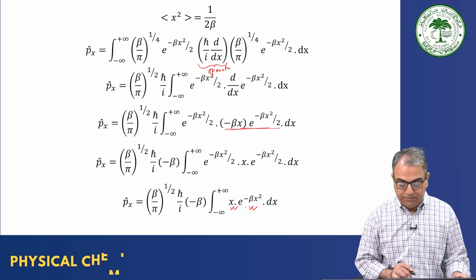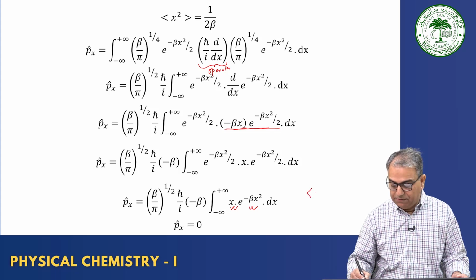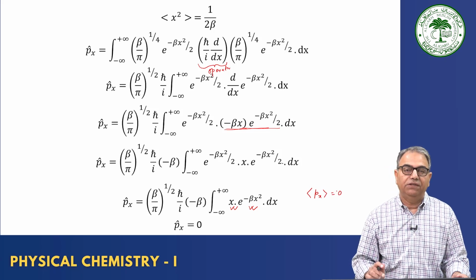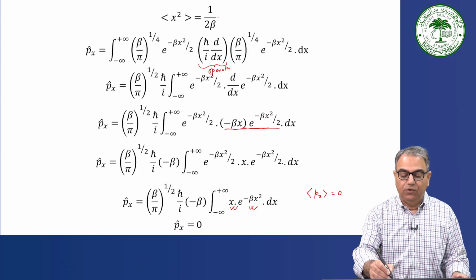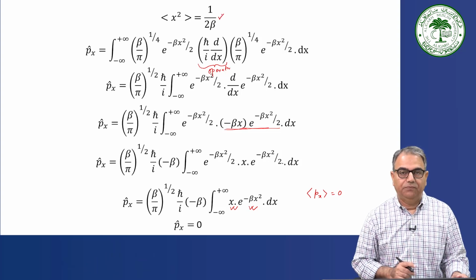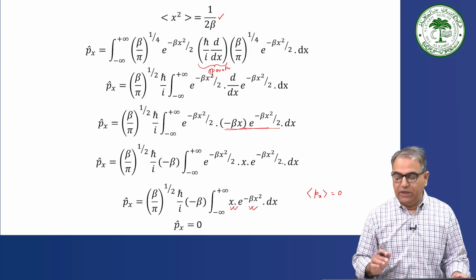And if this integral becomes equal to 0, then the average value of linear momentum px also becomes equal to 0. So I will write that the px average value is also equal to 0. The average value of x is 0, the average value of px is 0, and the average value of x square is 1 over 2 beta.